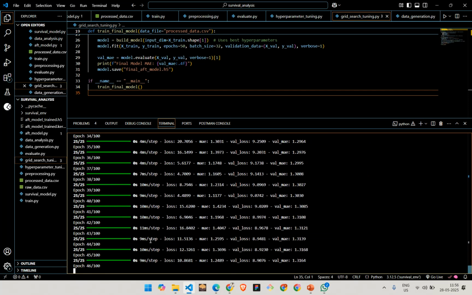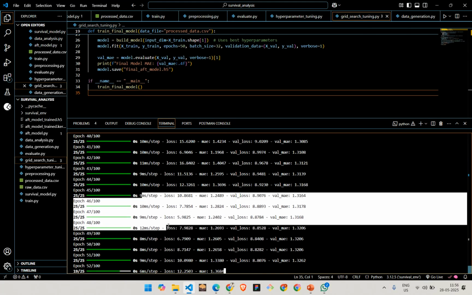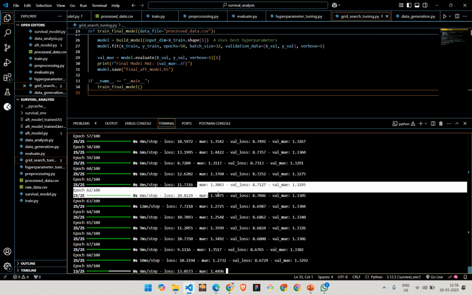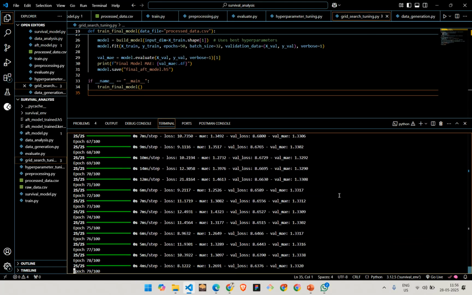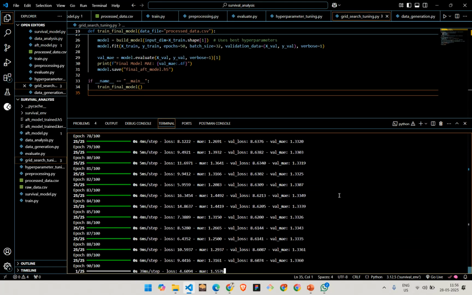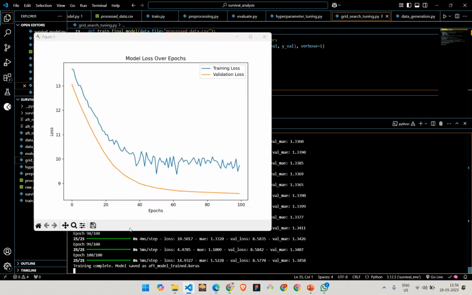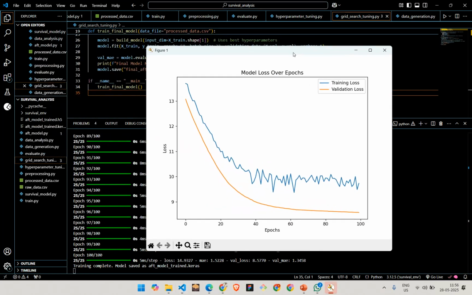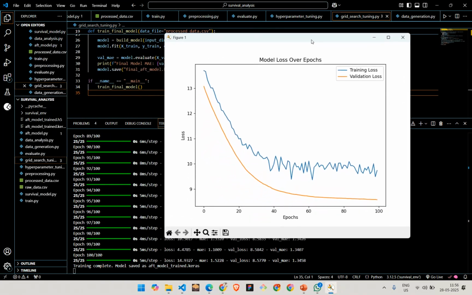Also, you can see the loss and validation loss. We have taken a data set of 100 models, so you can see here again our training loss and validation loss, as I've explained earlier.